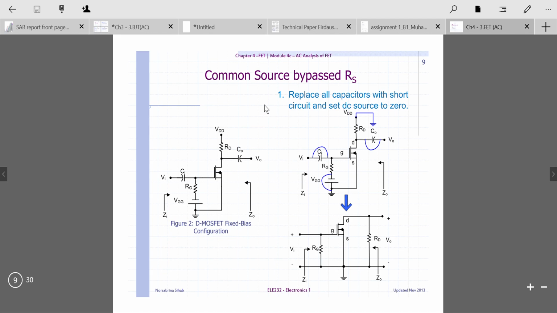Okay, now we go on to the analysis for common source bypass RS. The first step is to replace all capacitors with short circuits and set the DC sources to 0. So here VDD must be equal to 0, and VGG must be equal to 0. What happens if VDD and VGG equal 0? They will be short circuits connected to ground.